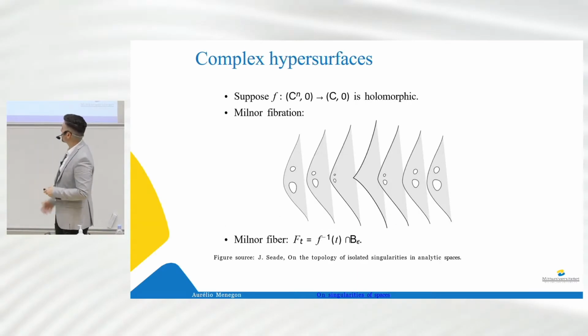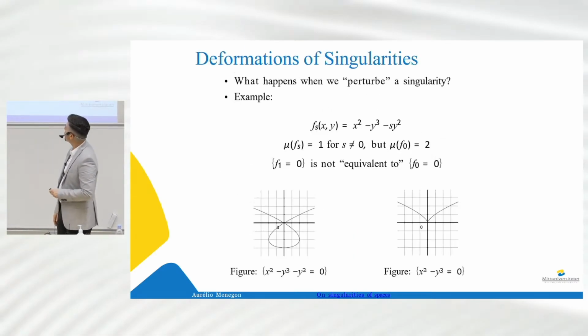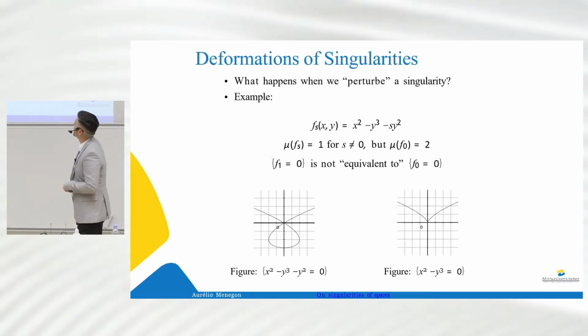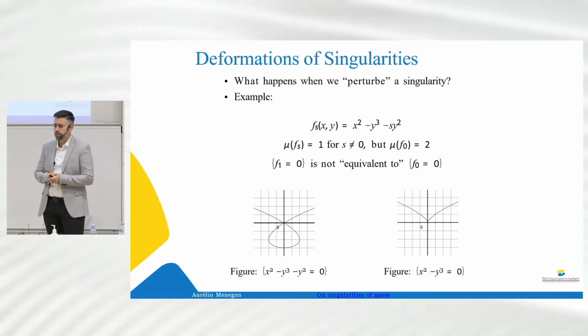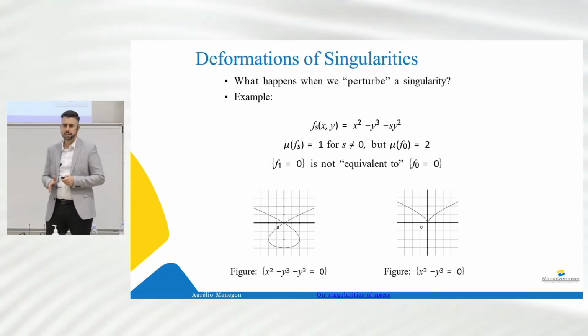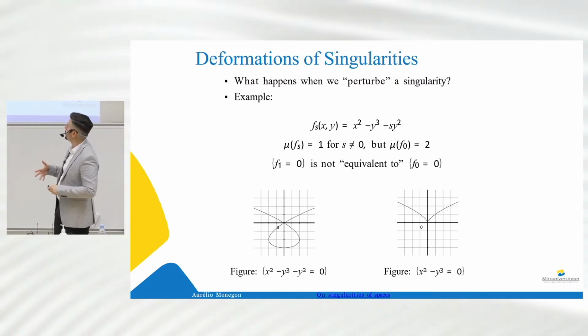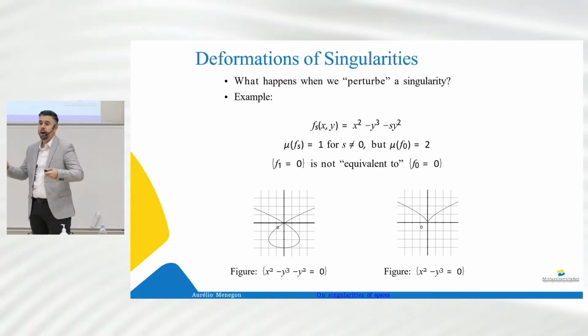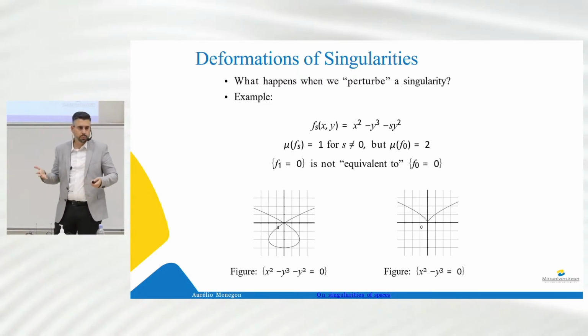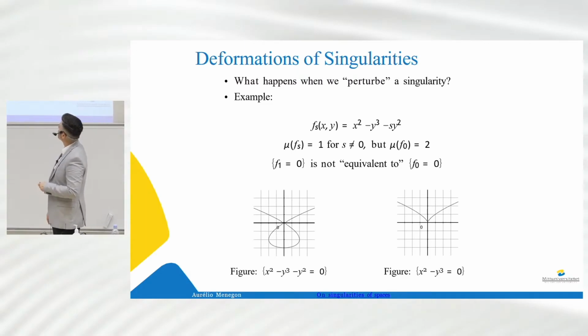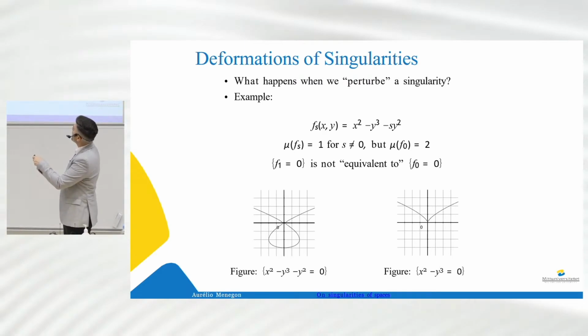So this is the kind of thing we do. And we can also try to deform singularities, deform the polynomial. So I'm going to give you a very simple example where you can see how powerful these things we do can be. Suppose you have this family of polynomials, because s is a parameter, so for each choice of number s, you have a different polynomial, right?